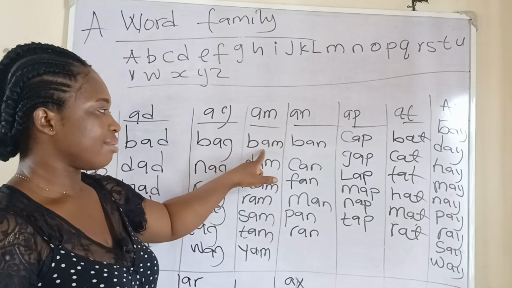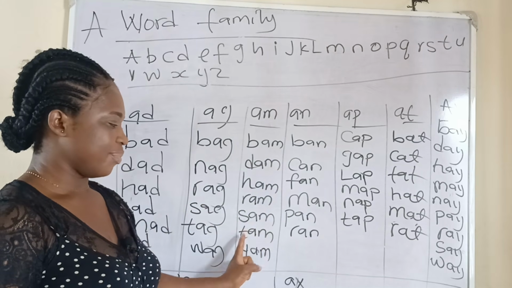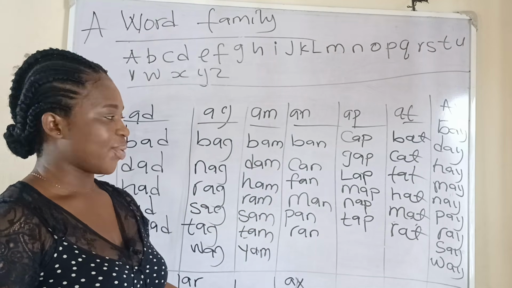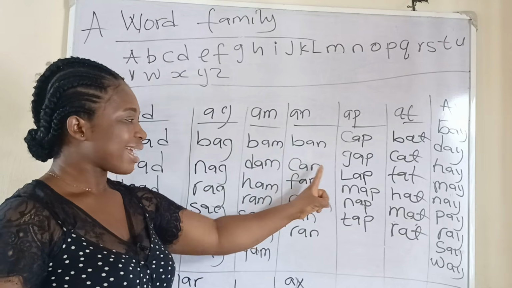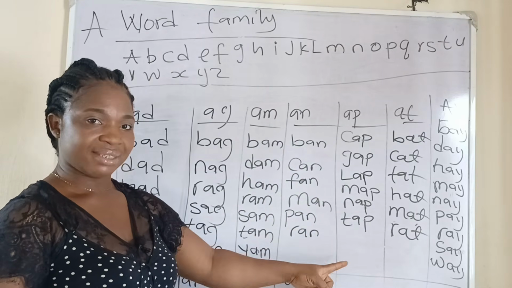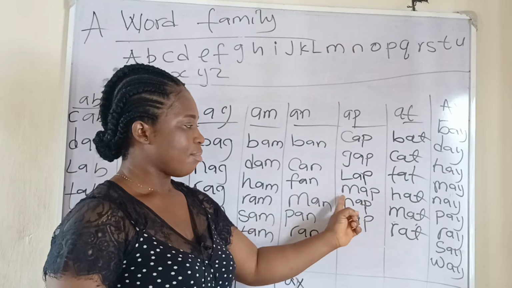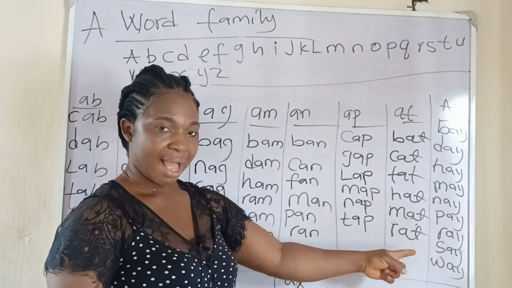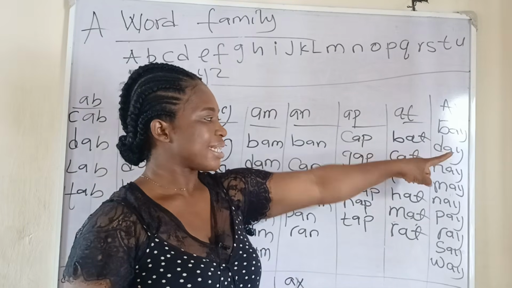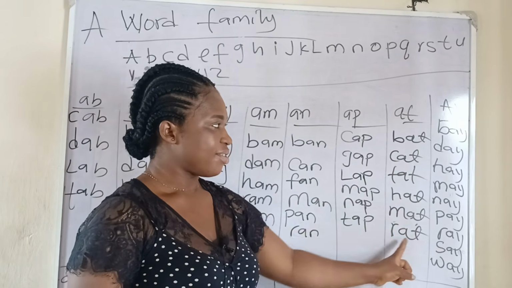We have bam, dam, ham, ram, sam, tam, yam. Ban, can, fan, man, pan, ran. We have cap, gap, lap, map, nap, tap. Now here we have bat, cat, fat, hat, mat, rat.